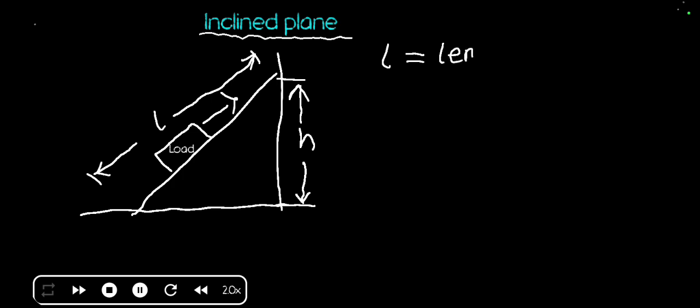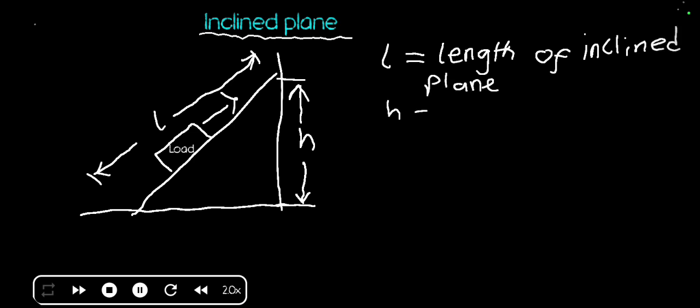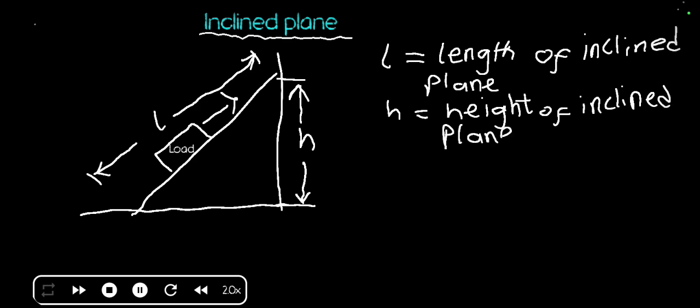So L is equal to the length of the inclined plane. That's what I'm writing. And H is the height of the inclined plane. Also, there's an angle. We always put the support at an angle.